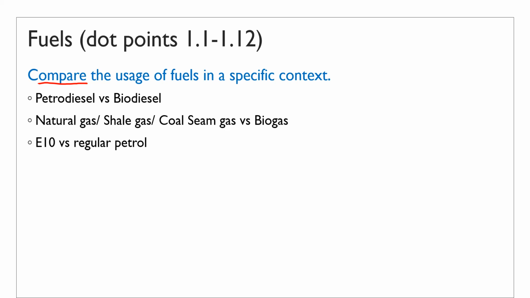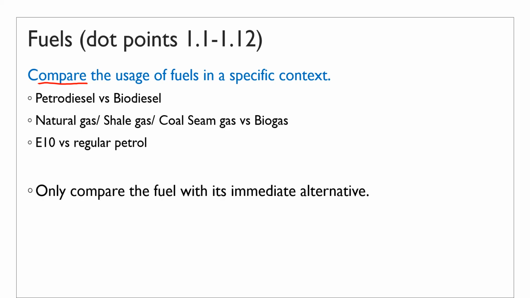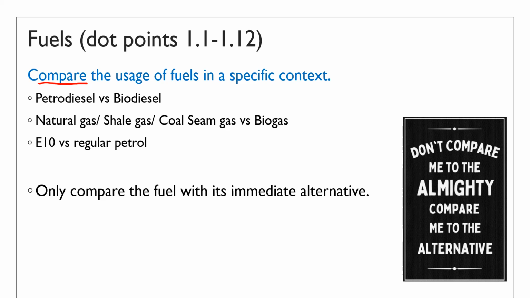If you're talking about bioethanol, most of the time it's going to be in a blended form like E10 or something like that, and you're comparing it against regular pure petroleum that is being used. So the comparison has to make sense, okay? Don't compare a fuel with something else that you're never going to replace it with. So that's really important. You have to compare the fuel with the immediate alternative.